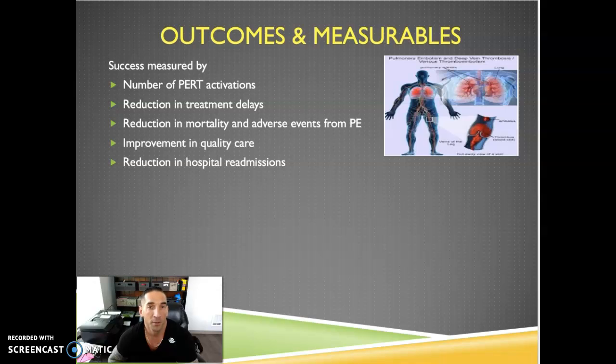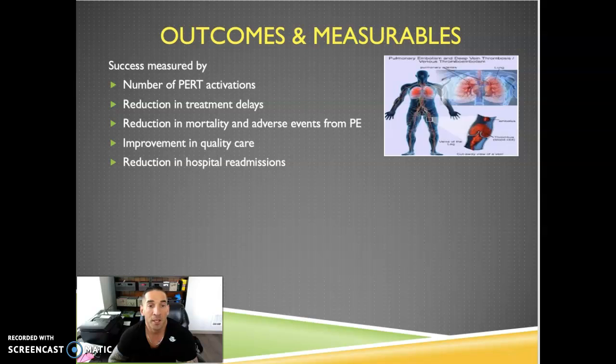And we can look at reduction in treatment delays, so patients that sit in the ICU for days without any therapy administered. And then also, since PE is the number one inpatient cause of mortality for hospitals, we want to look at reduction in mortality from PE pre and post implementation of a PERT program.